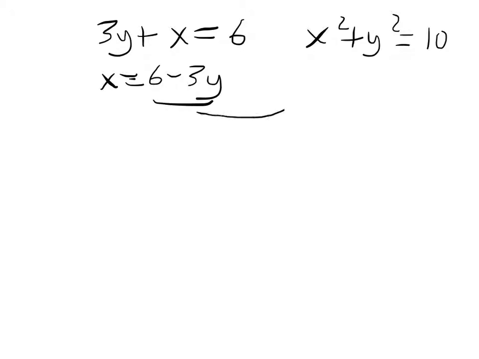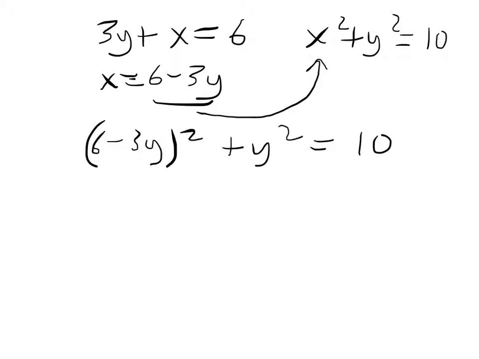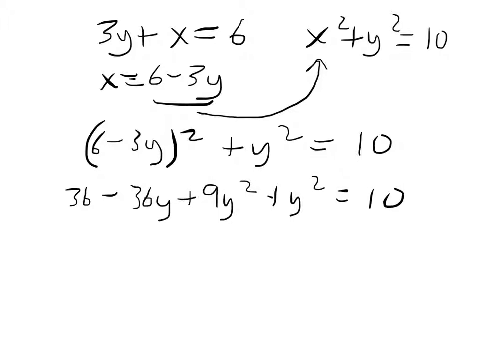Go ahead and plug that into your circle's equation, and then you'll get an equation with one variable. So I would get 6 minus 3y quantity squared plus y squared equals 10. Solve for y. 36 minus 36y plus 9y squared plus y squared equals 10.